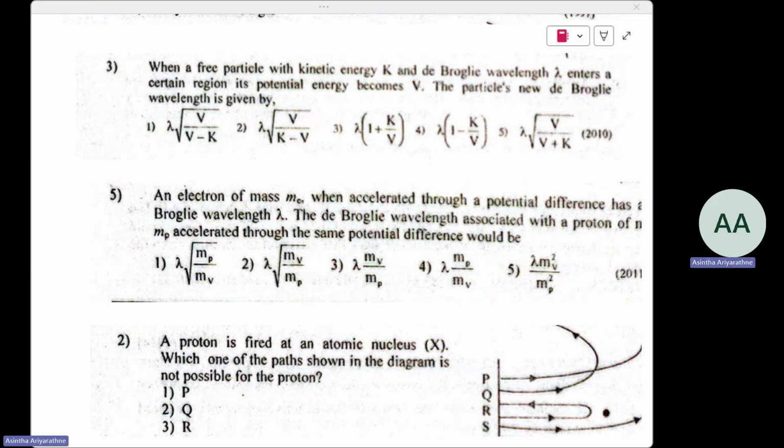When a free particle with kinetic energy K and de Broglie wavelength lambda enters a certain region, its potential energy becomes weak.